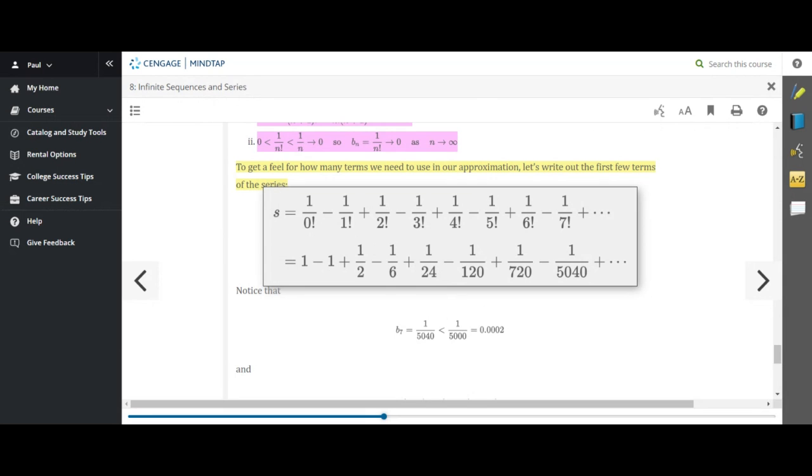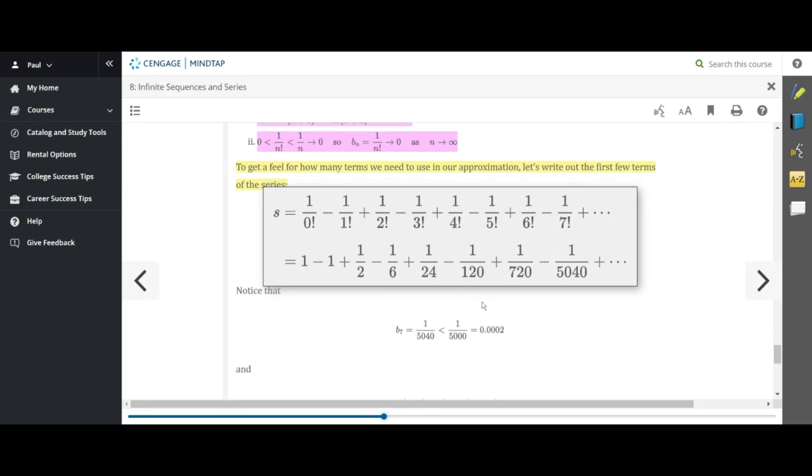Again, we want to find the sum of the series correct to 3 decimal places. Well, what we want to do is stop when we have a term that's less than 5 over 10 to the 4th power.